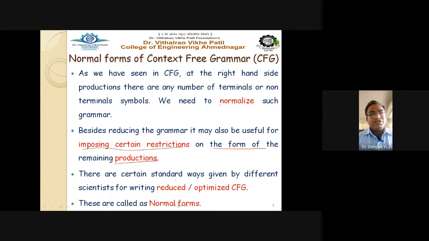There are certain standard ways given by different scientists for writing a reduced or optimized CFG. Two scientists proposed two different formats for writing the context-free grammar. These are popularly known as the normal forms.